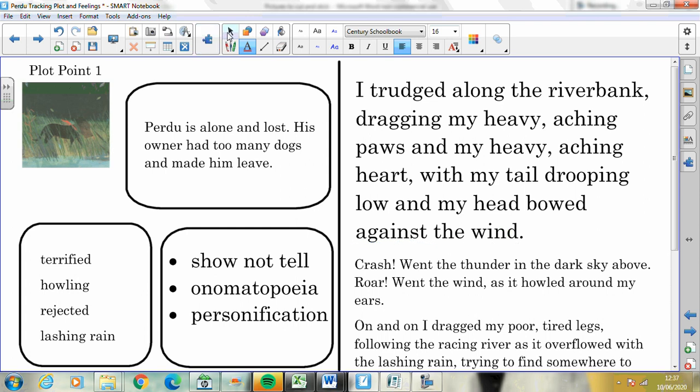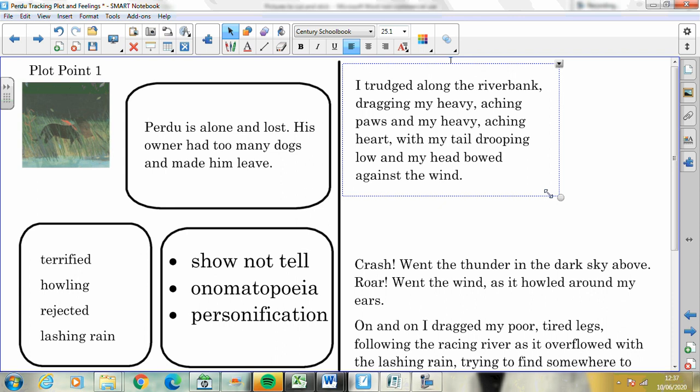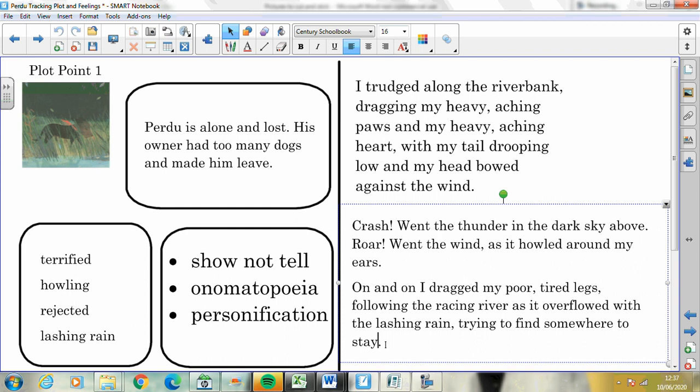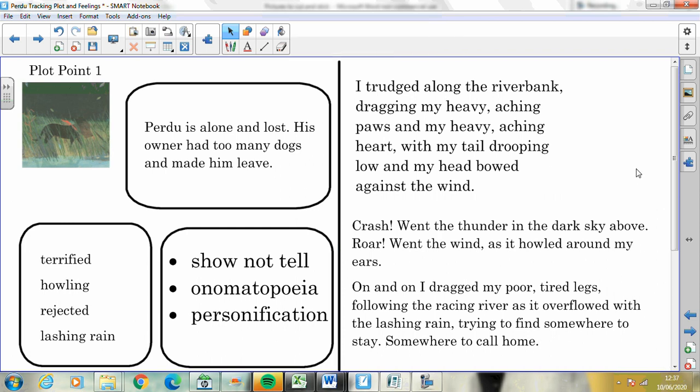I'm just going to reduce this box a little bit so you can see what I'm writing. Trying to find somewhere to stay. Somewhere, oops, spelling. Somewhere to call home. And there we go. There's the beginning of the story. I've got show not tell in my first sentence, onomatopoeia in my second sentence, and personification in my third. My personification is the lashing rain and the racing river.